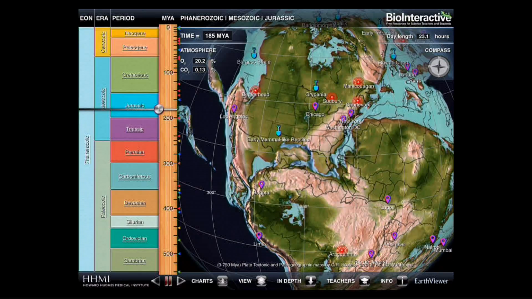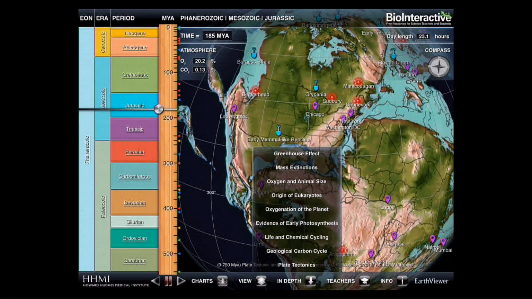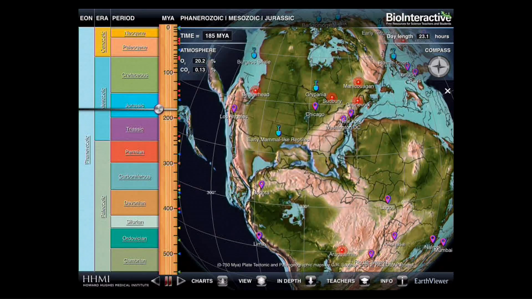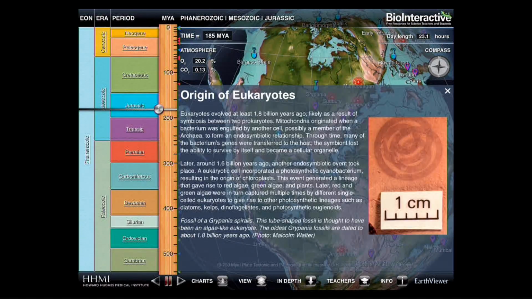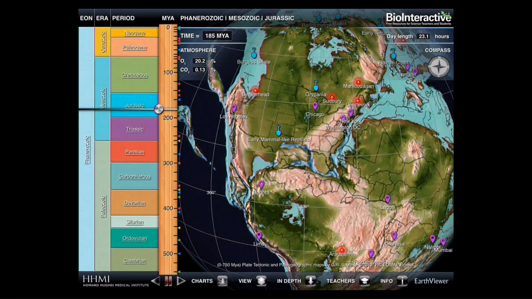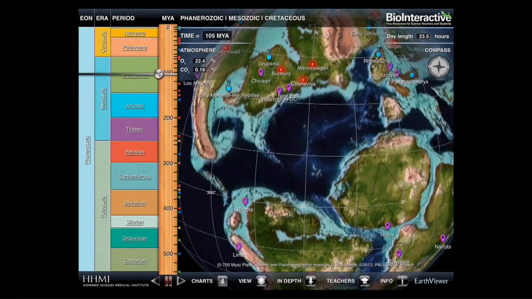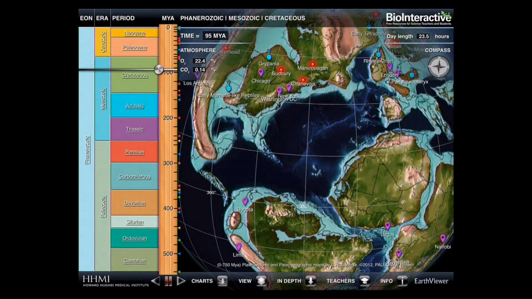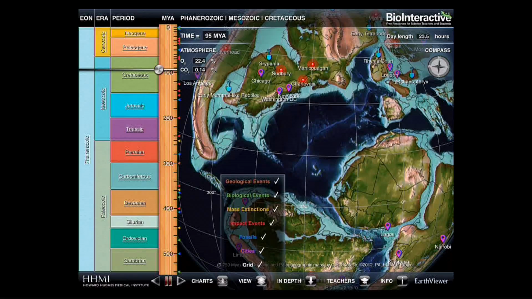If you look at some of these other in-depth things, you can find out more information about them, like the origin of eukaryotes and a little bit about the fossils. Also, as you go through the history of Earth, you can see what the carbon dioxide levels are. Let me turn a couple of these views off.